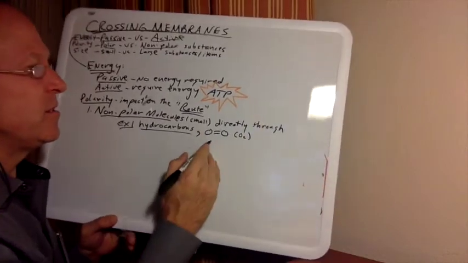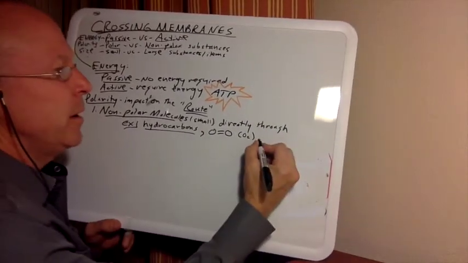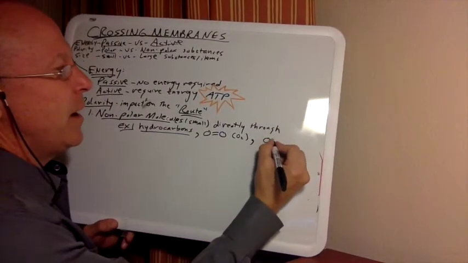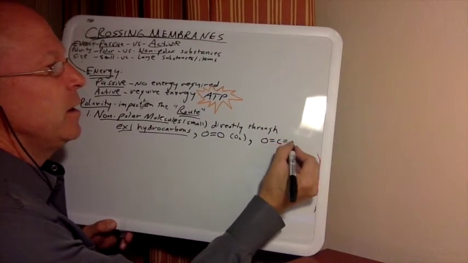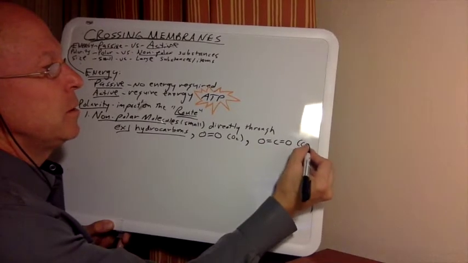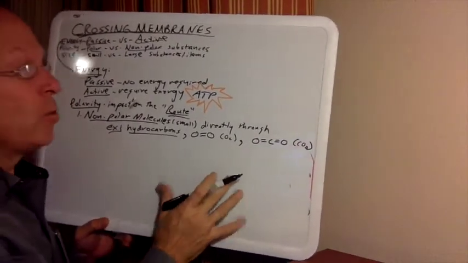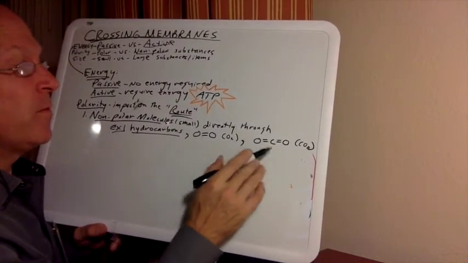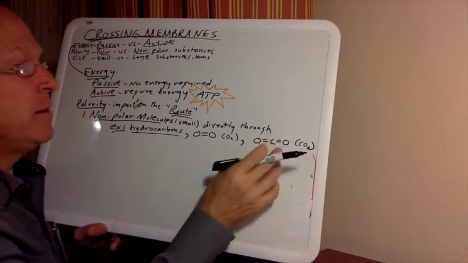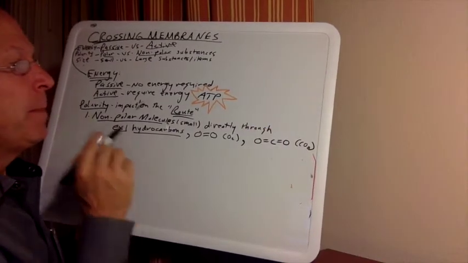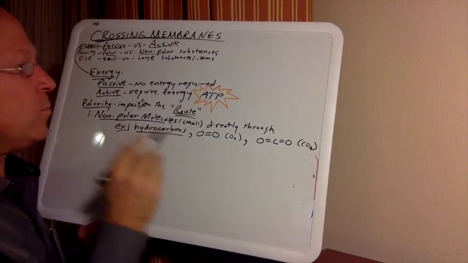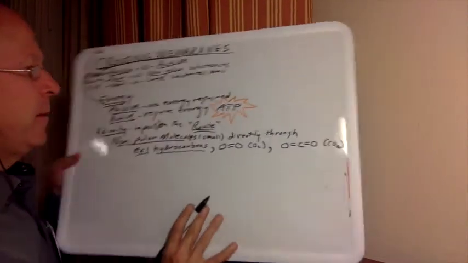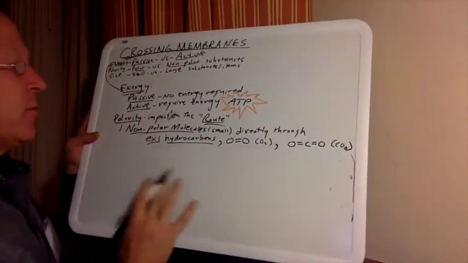O2 is a substance that's completely non-polar. And in addition to that, this guy, CO2. Here's another molecule, linear, non-polar. So carbon dioxide doesn't have any great polarity, because of the linear nature of it. Okay, so these guys can get through.